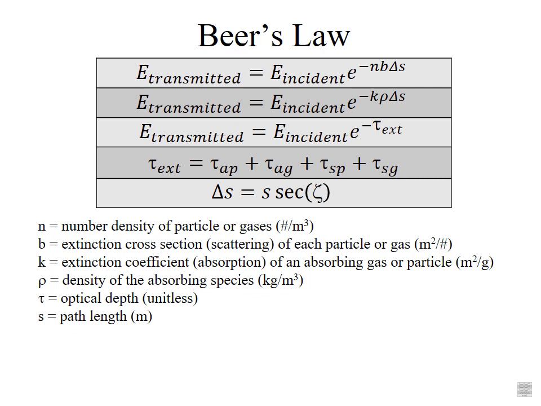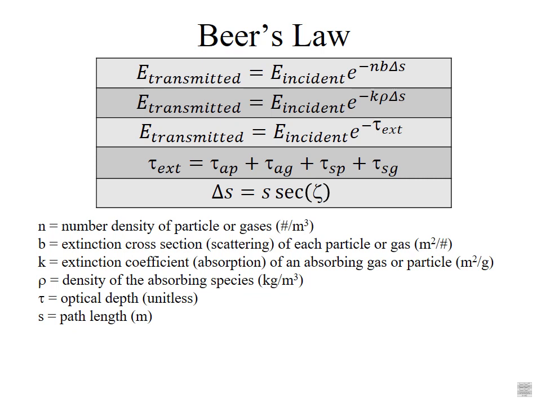And then the third equation puts it all together, where the amount of radiation that is transmitted through the atmosphere is equal to the amount that was incident times the exponent of minus tau extinction. And tau extinction is what we refer to as the optical depth.